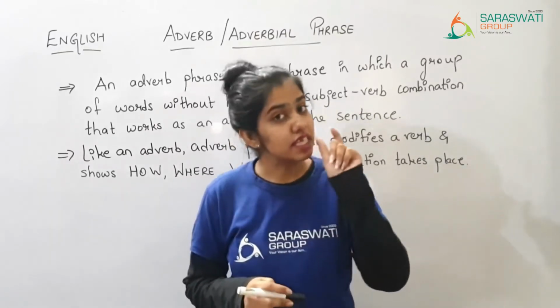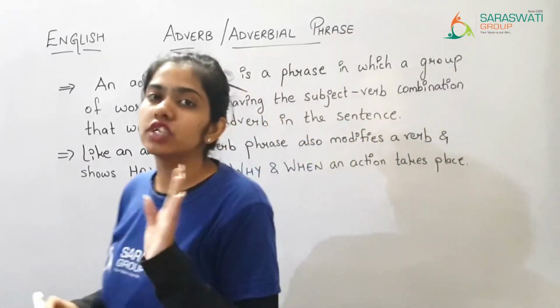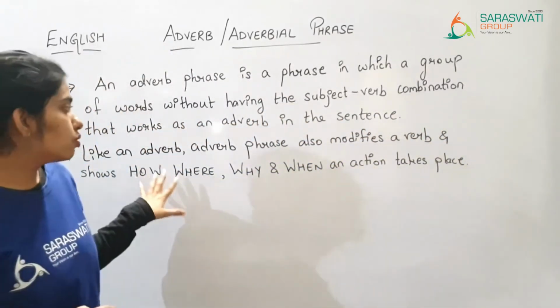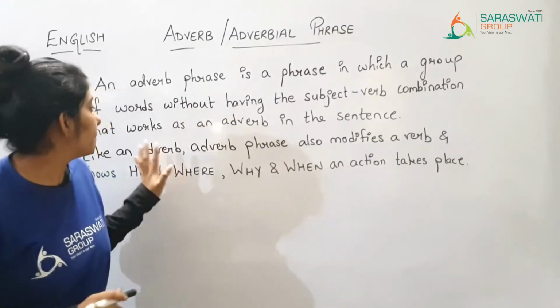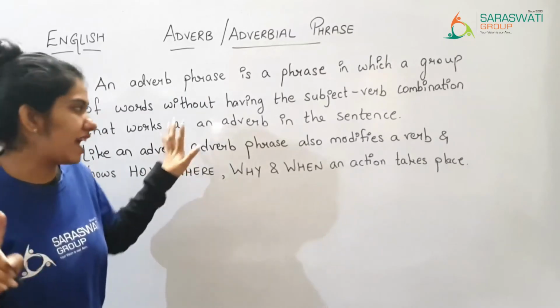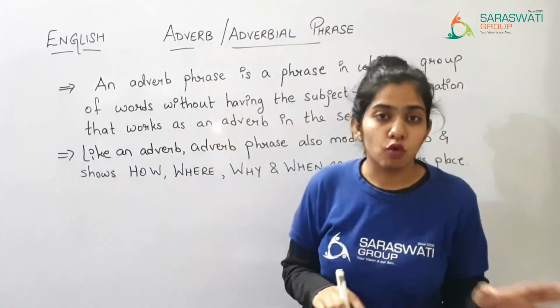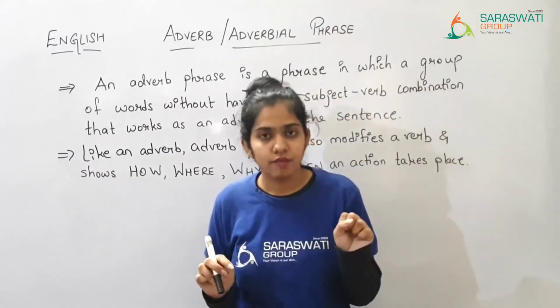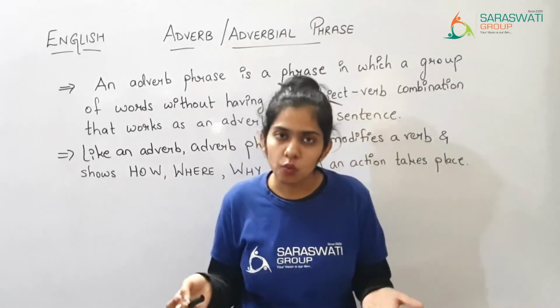Adverb એટલે કે એક single word છે, and adverbial phrase means a group of words. બંને use as a same રીતે જ થાય છે, બંનેનો use same જ છે. But adverb is single word and adverbial phrase means a group of words, nothing more than that.